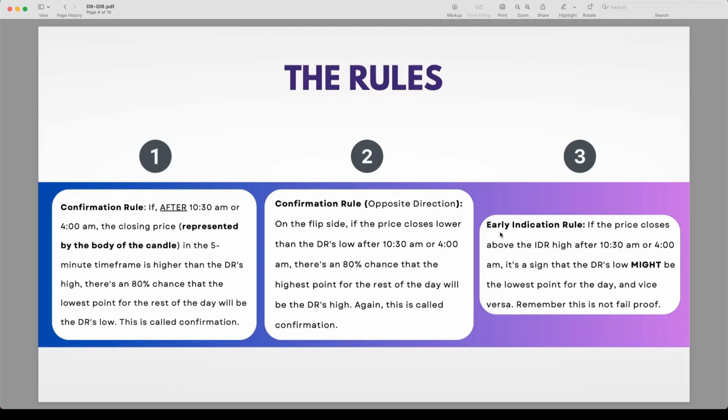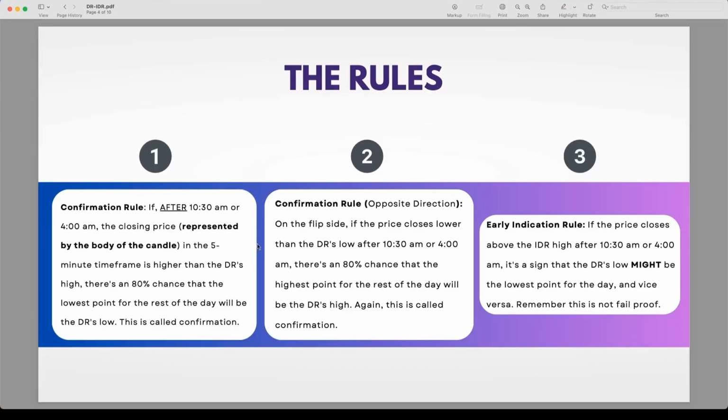And lastly, early indication rule. If the price closes above the IDR high after 10:30 a.m. or 4 a.m., it's a sign that the DR's low might be the lowest point for the day, and vice versa. Remember, this is not fail proof.